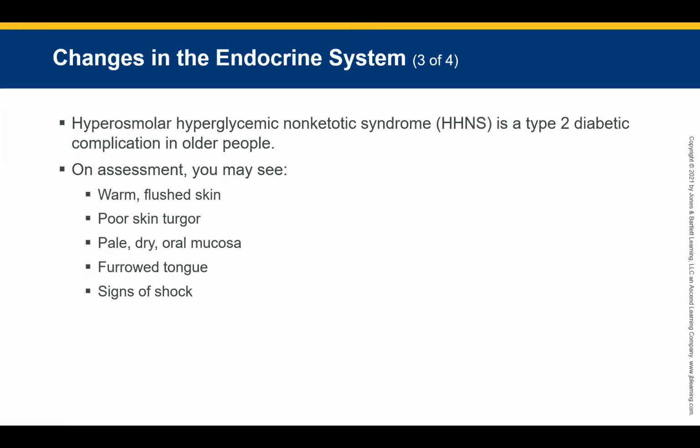DKA will present with Kussmaul respirations, while HHNS will not. That is why I added that, because there are differences between HHNS versus DKA. Well, the telltale sign is the respirations. You will start to see the Kussmauls. You'll understand that this is not normal.